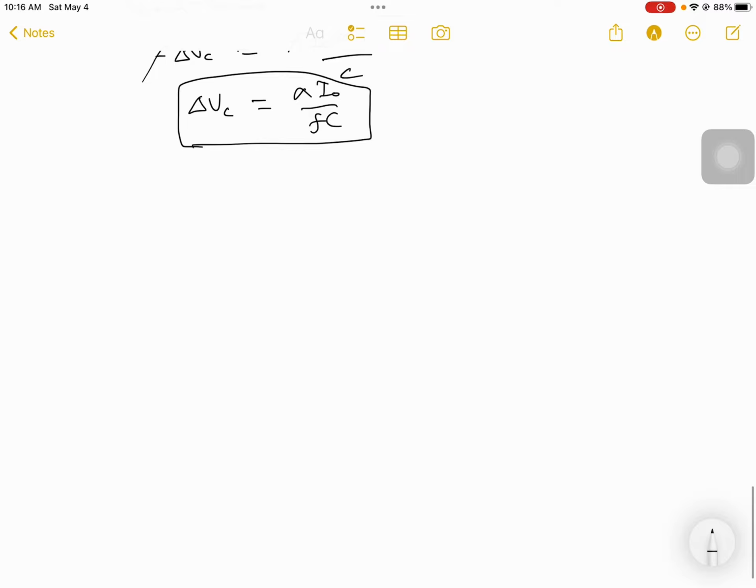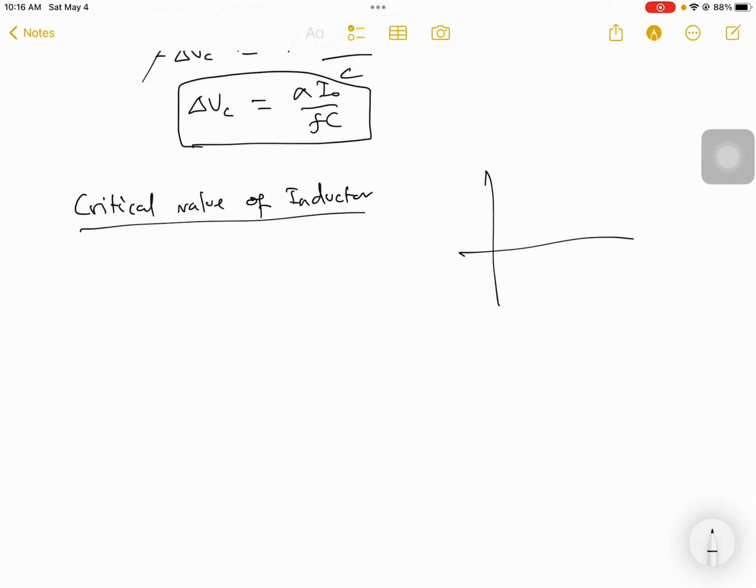And next we have to calculate the critical value of the inductor. Now this is very important to check whether our waveform is continuous or discontinuous.